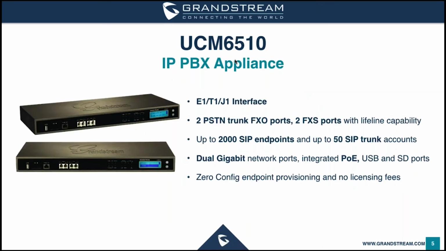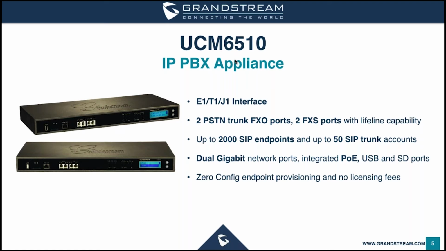Here we have the UCM 6510. The only difference is the hardware modification. The model includes the digital hardware interface that could be configured as E1, T1, or J1 interface. It depends where you are.